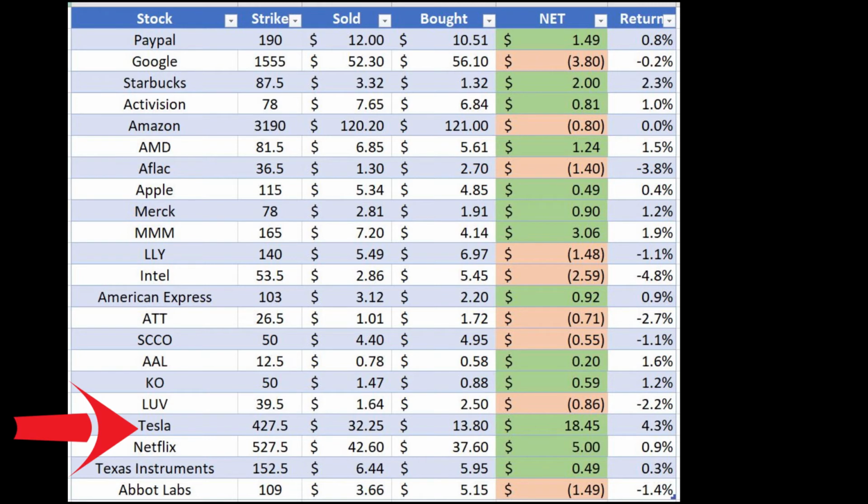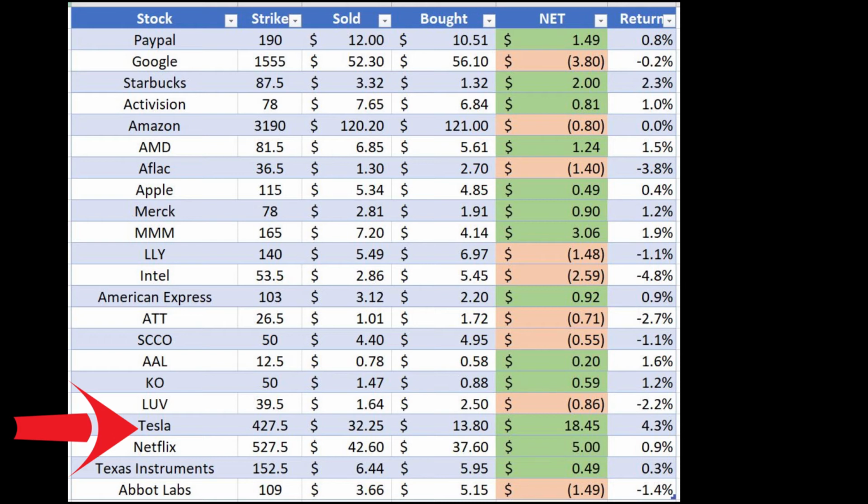Tesla had a really good quarter, and they shot up a bunch, and their volatility dropped a whole bunch.